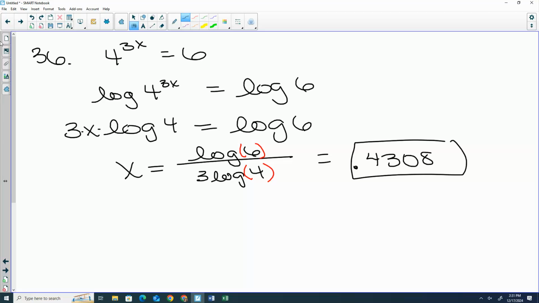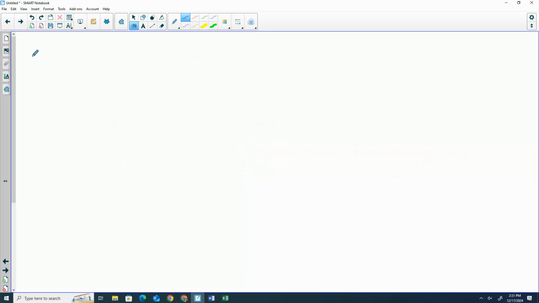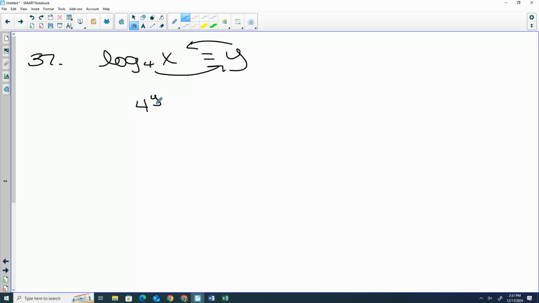37, graphing a log. Okay, so what we always did is set these equal to y and rewrote it as an exponential. So this means 4 to the y power equals x. To graph exponentials, we always did a t-chart and we put in -1, 0, and 1 for the exponent.